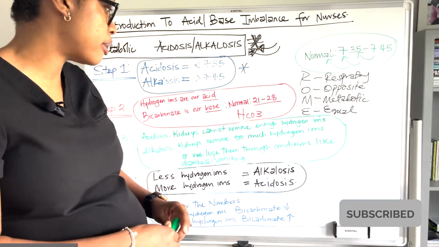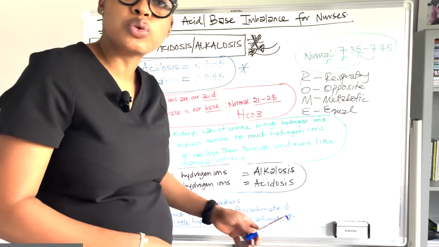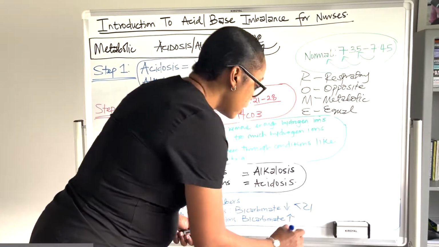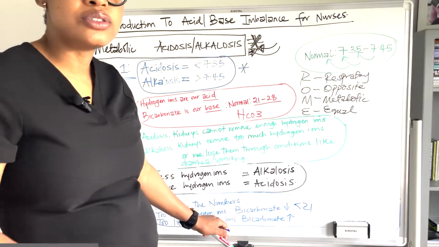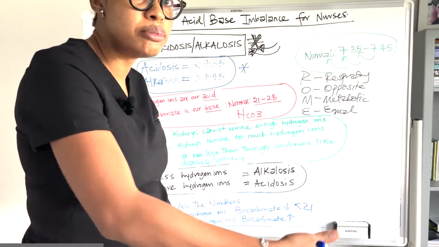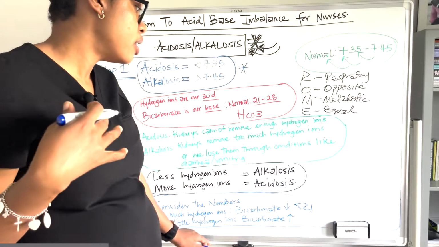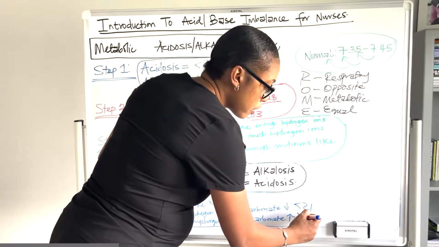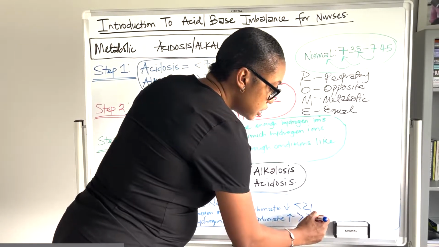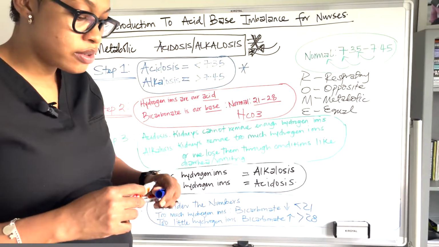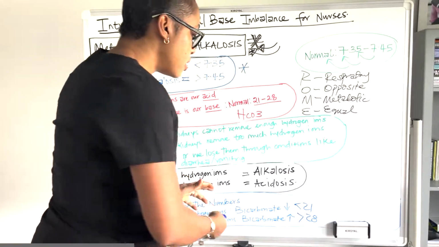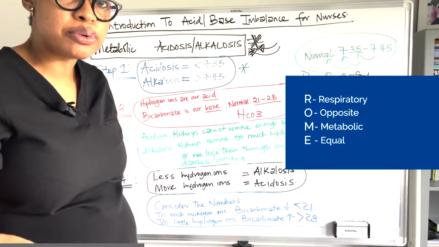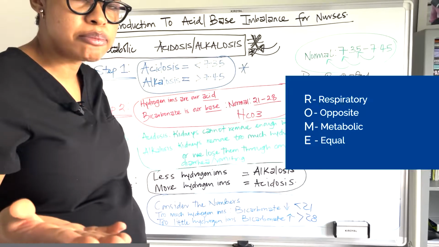So we're talking about lower than 21, right? And then too little hydrogen ions, that's because too much of it has been filtered out of the body, will lead to a high bicarbonate. So we're looking at greater than 28. Make sense?